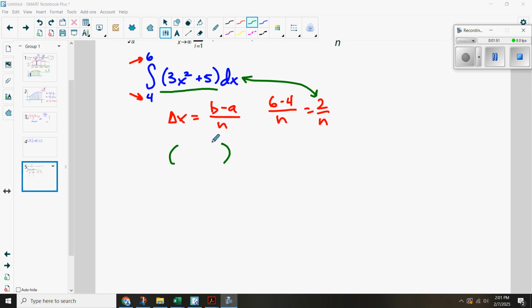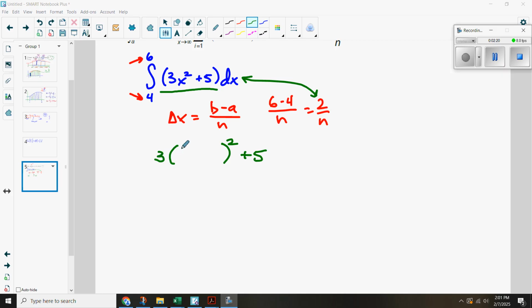And whatever it is that's changing, it's being squared, and then it's being multiplied by 3. Now at the end of that activity, I'm going to add 5. But that 5 is not changing. The only thing that's changing is my x in here, and that's going to be squared and then multiplied by 3.